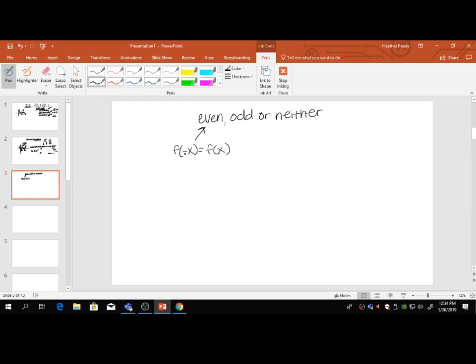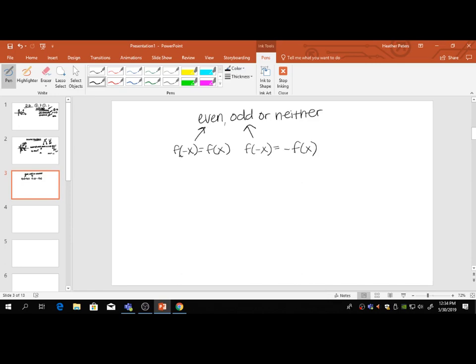So if we make all the x values negative, it comes out to the same as the original function. And then for odd, if I plug in a negative value, it ends up being the opposite of the original function. So every sign of the original function becomes the opposite of what it was before.